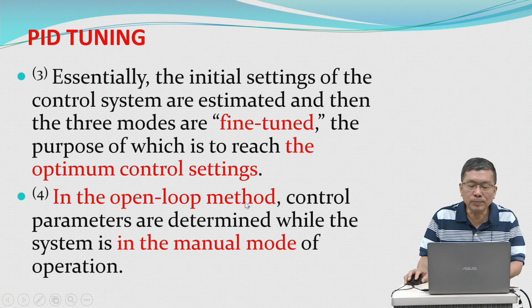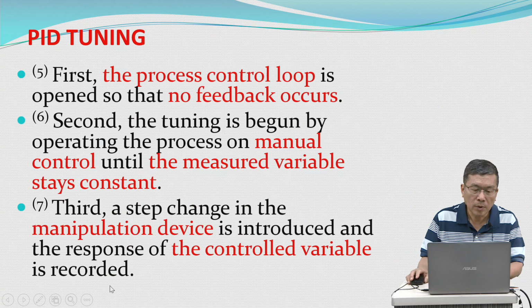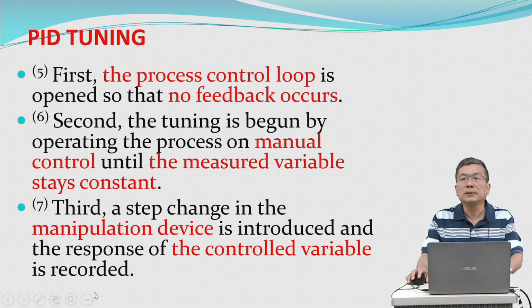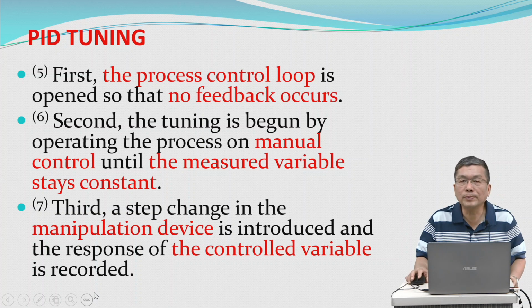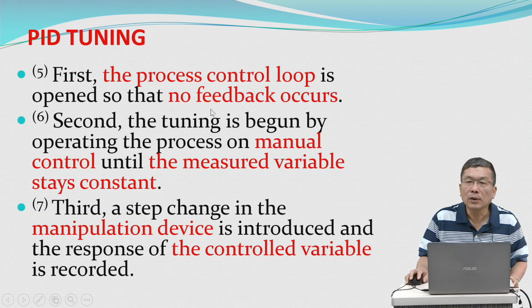In the open loop method, control parameters are determined while the system is in the manual mode of operation. First, the process control loop is opened so that no feedback occurs.